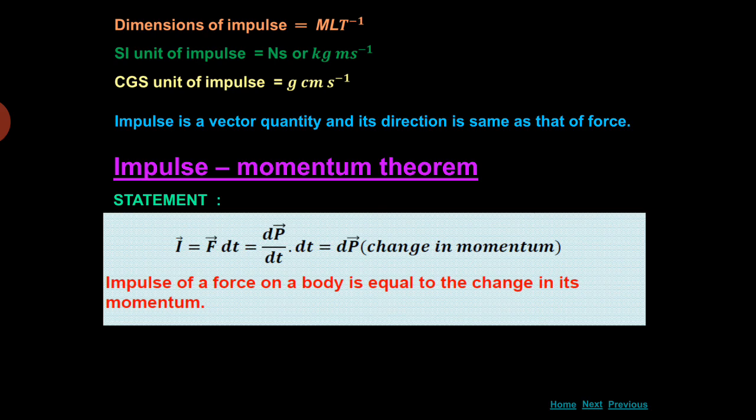So dt will get cancelled and it is equal to the change in momentum. It means impulse is equal to the total change in momentum produced by the force. This relationship between impulse and momentum is known as the impulse momentum theorem.